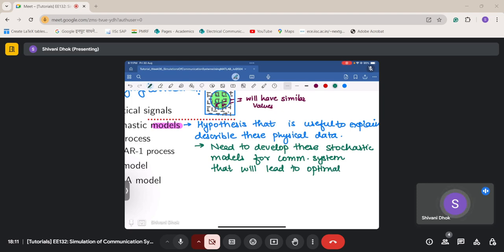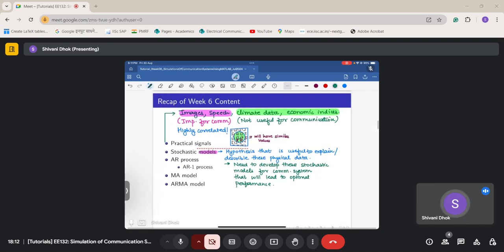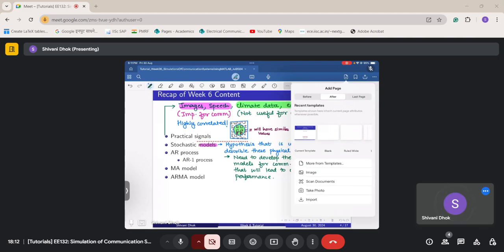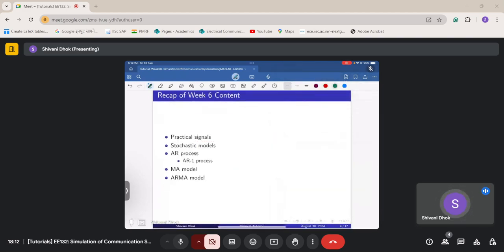And this performance optimality, we'll look into it after a few lectures. For stochastic models, we looked at different approaches. The first thing that we looked at was the autoregressive process.